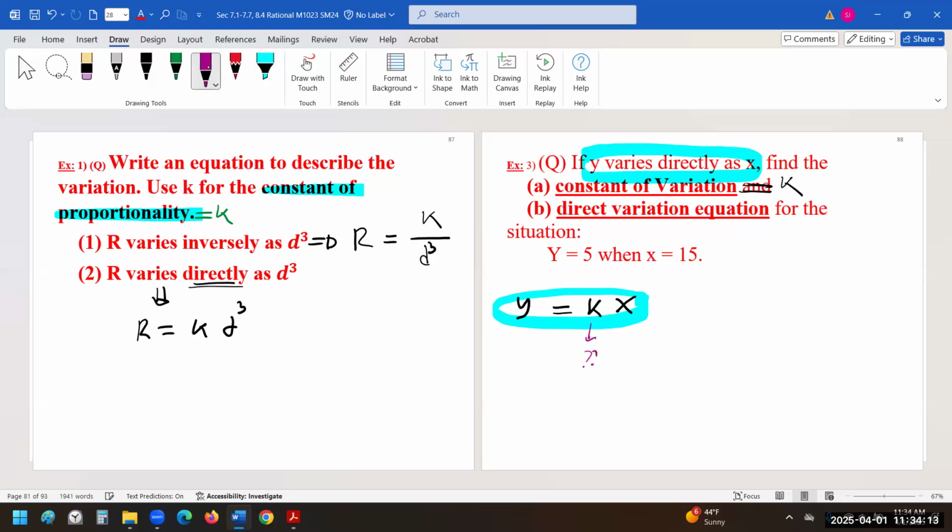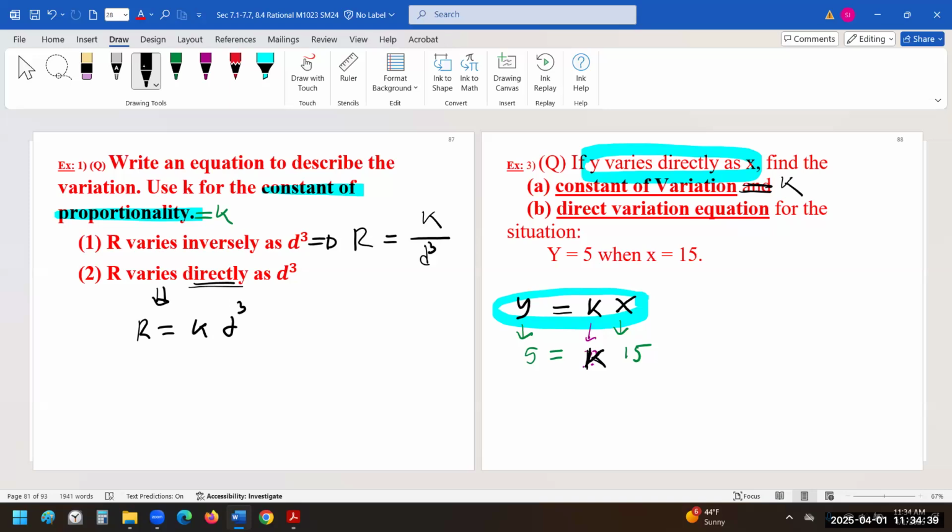What is that? In order to find that, they gave us the X value and the Y value. So we substitute. What is Y? What is X? 15. We don't know what K is, so we leave the K alone because we don't know how much that is.